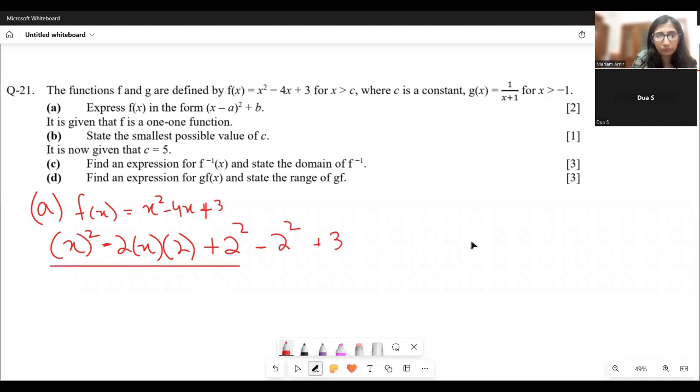Collectively this is (x − 2)², and −4 + 3 is −1. So that is f(x) in completed square form, where x is greater than c.